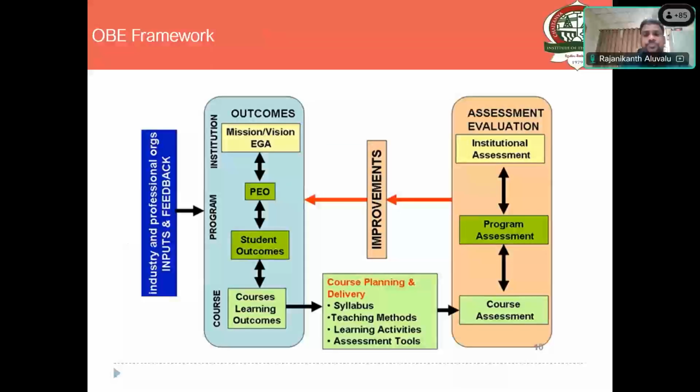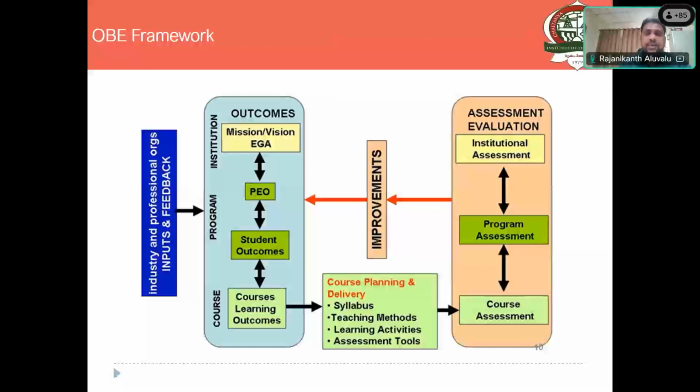So this is the overall OBE framework. Just for a recap, we already discussed the vision and mission of the institute, PEOs, the program outcomes, the course learning outcomes, and session outcomes, which map to the curriculum and are implemented. Then comes the assessment. How do we assess?